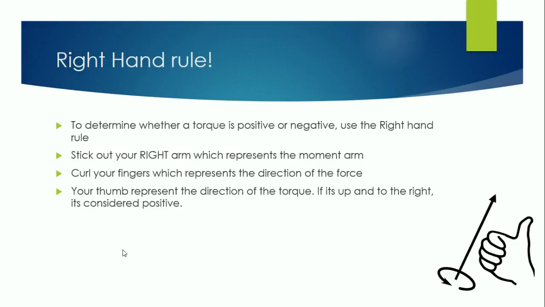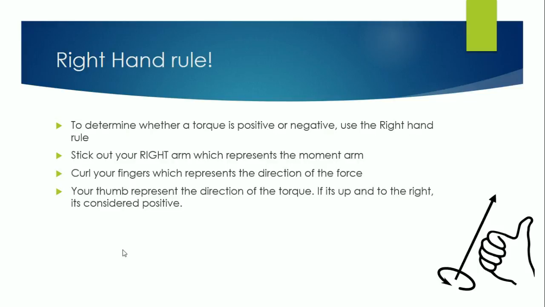Then let's just say you stick out your right hand and twist it left so it's horizontal. Curl your hands down, that will be negative because it's to the left. Stick your hand out, face it palm up, curl it upward, that's positive because it's pointing to the right. So just practice your right hand rule.